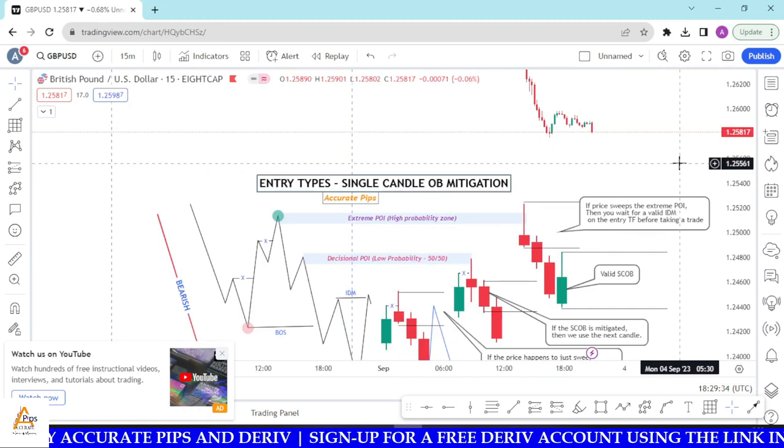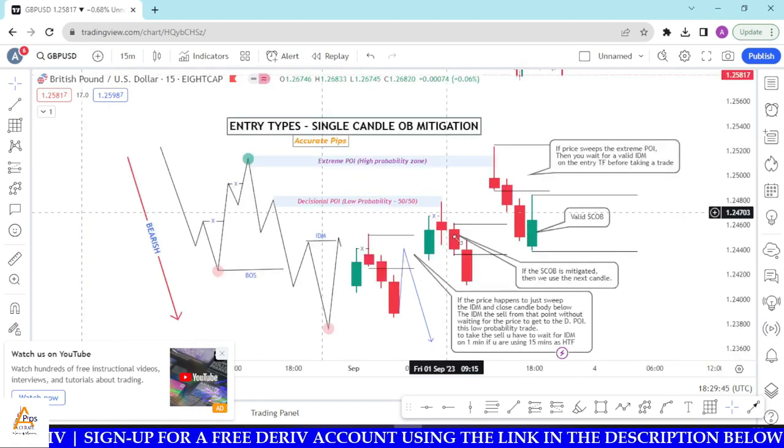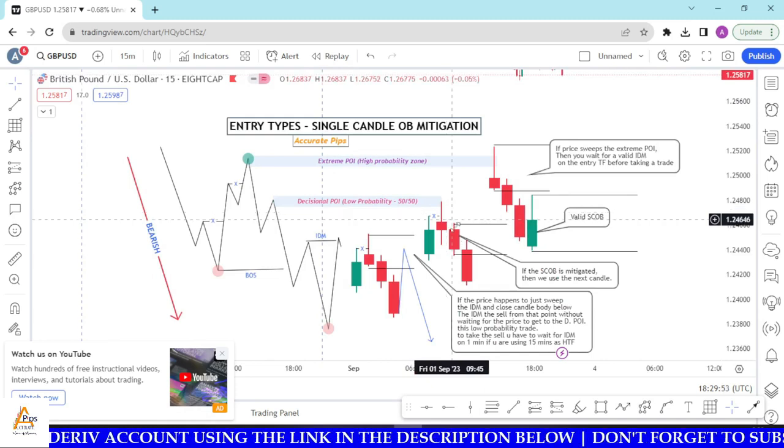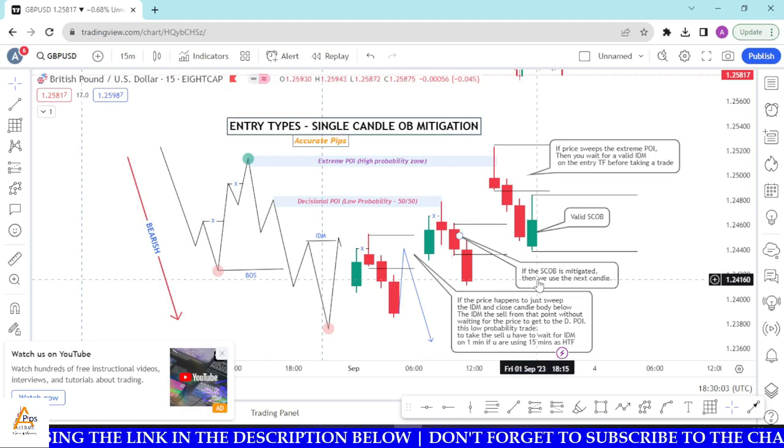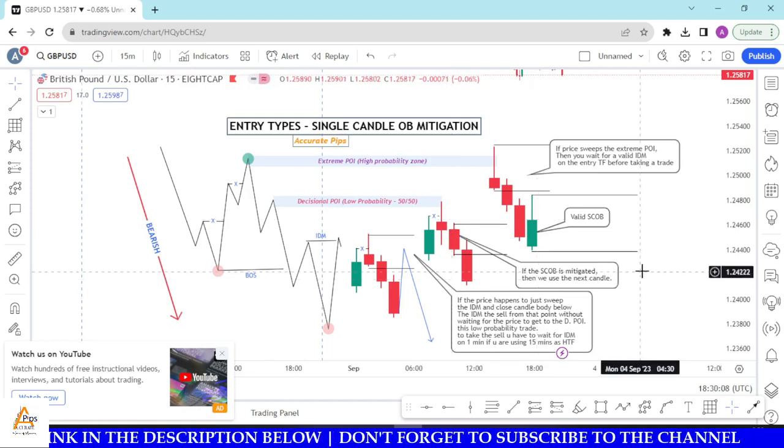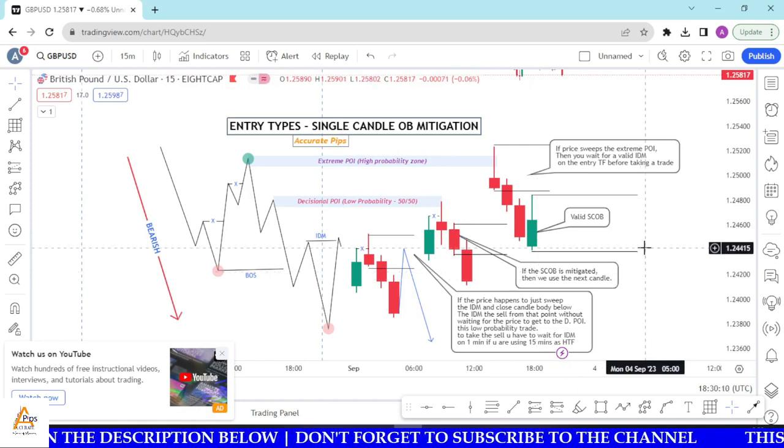Okay, so as we are seeing here, this guy was mitigated, so we are using this guy as our order block. This is also an IFC or point of interest, but this guy didn't sweep the high of this guy, but we use it as a valid order block, which is also an IFC. That is why I am saying that we have IFCs that are single candle and we have IFCs that are not single candle order blocks. Hope that is understood.